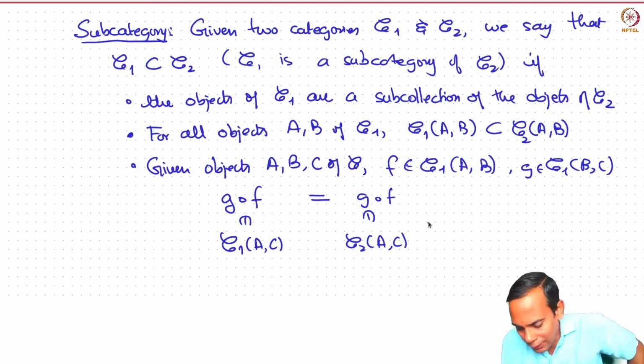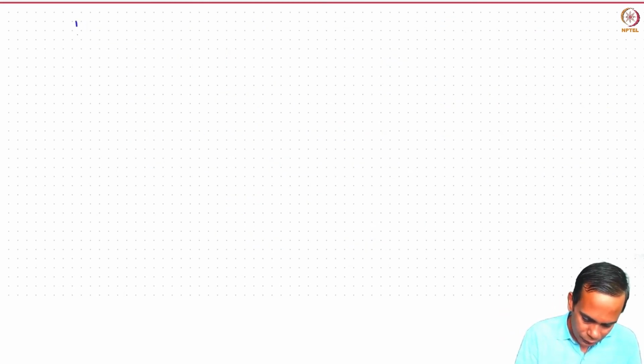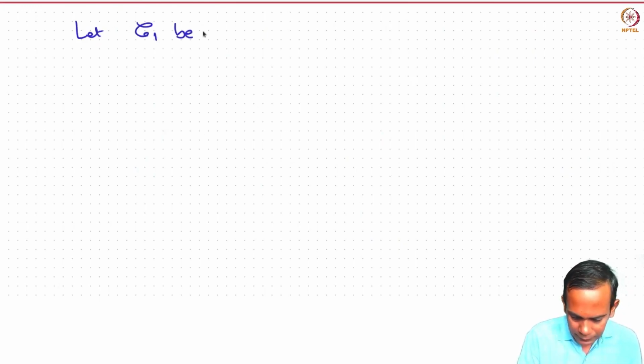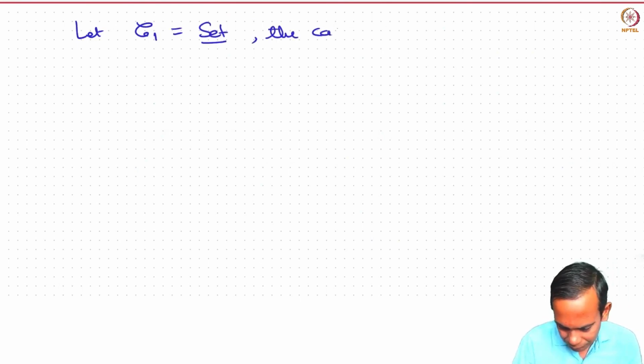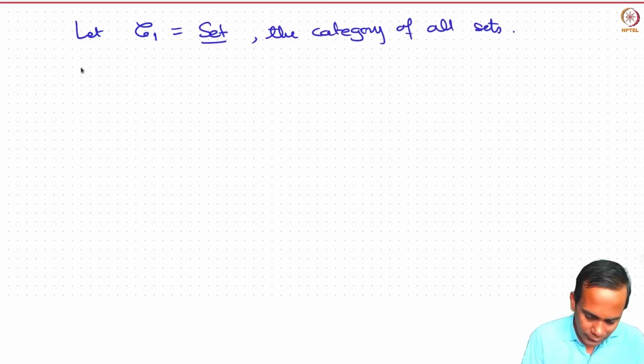This is an example of a subcategory. So let's look at some concrete examples of subcategories. The first one: let C1 be the category of all sets. And I'll define a subcategory of it.